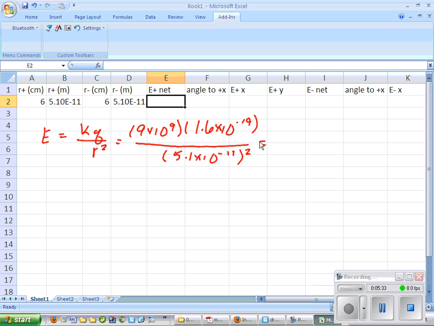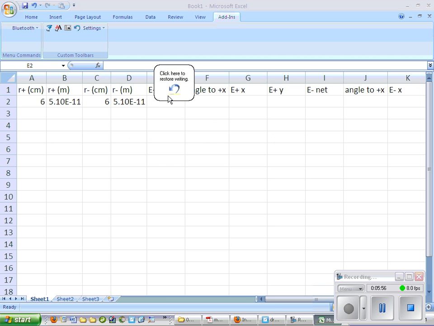So if I put that in the calculator, I get 5.5 times 10 to the 11th. That's positive 11. And the units for electric field are newtons per coulomb. And if you look back at the formula, you can see where we get that. So let me enter that in my block here.